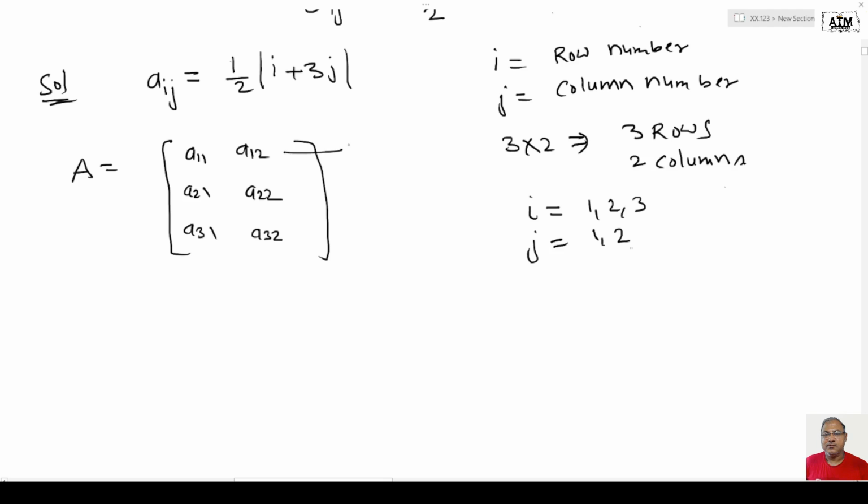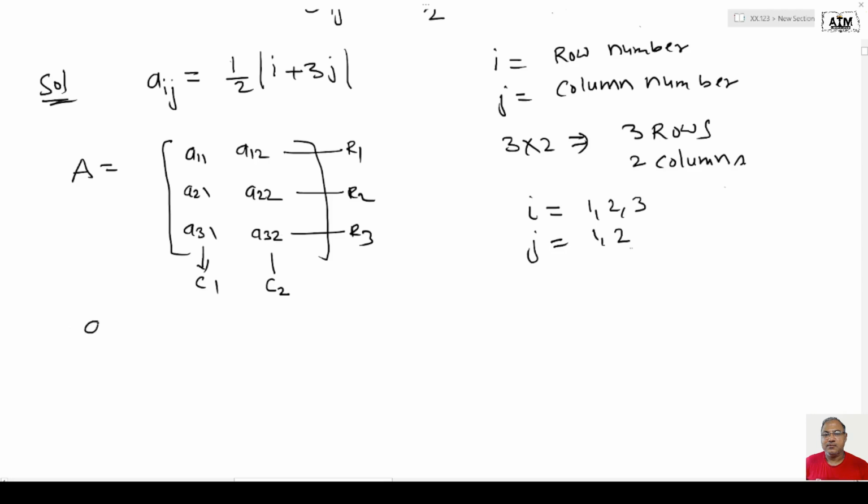So there are 3 rows and 2 columns. We need to find the values of A11, A12, A21, A22, A31 and A32.